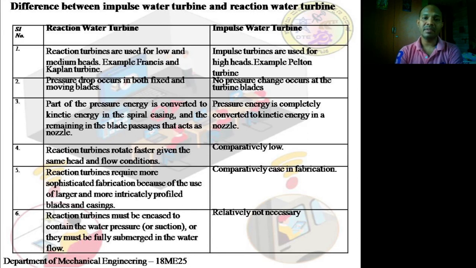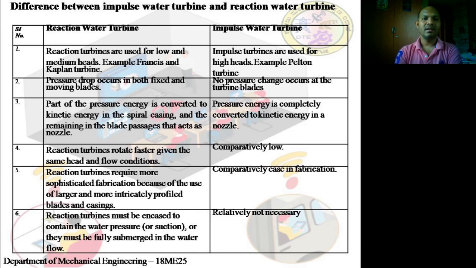This impulse turbine works only with a very high head of about 300 meters. I'm not talking about the quantity of water, only the head of the water. Here the reaction turbines work under a head of less than 50 meters for the Kaplan turbine, and for the Francis turbines between 50 meters to 150 meters.